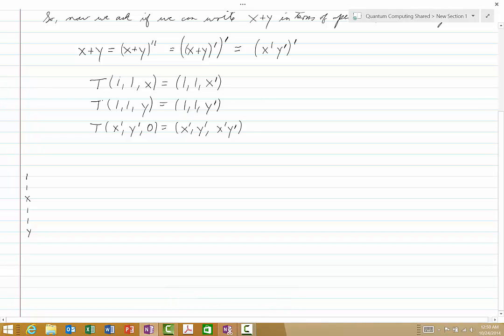Sorry, this is right, but we can make this still better. Let's make this 1, and then we will get immediately, for the last term, (X prime Y prime) prime, which is exactly what we want.